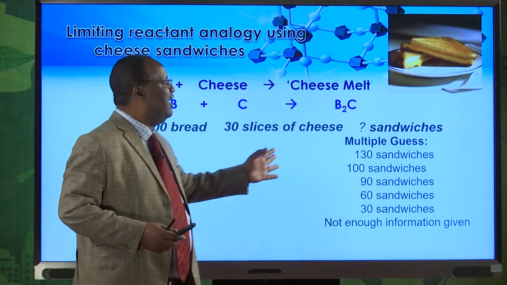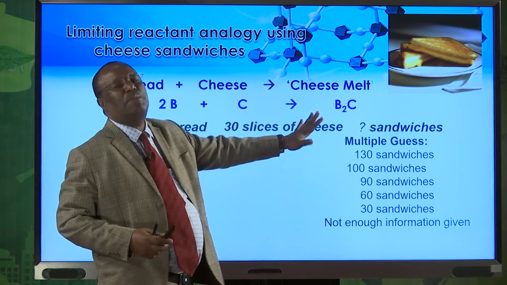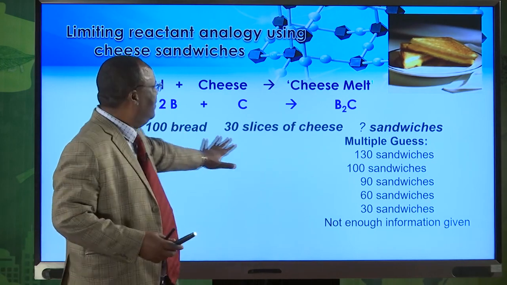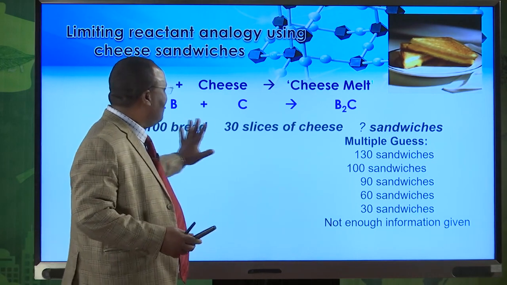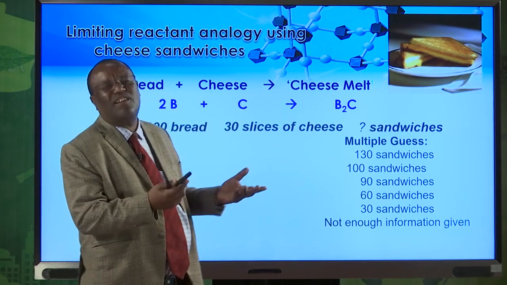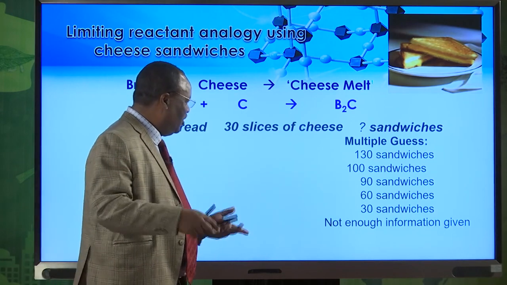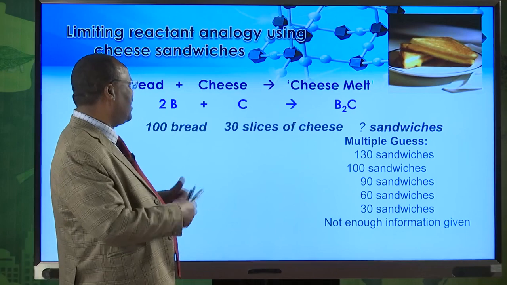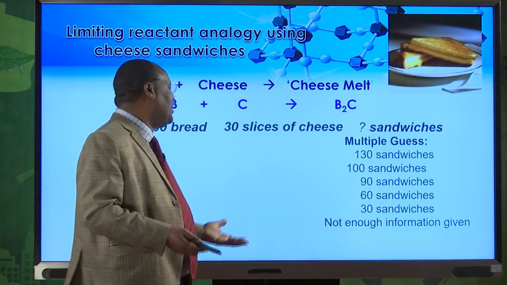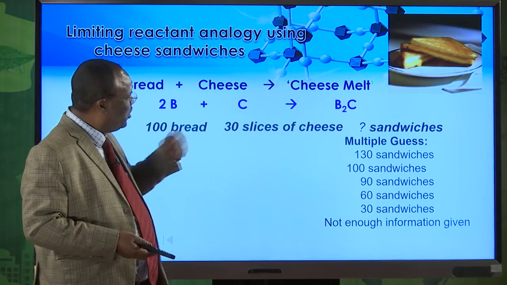You may guess the number of sandwiches: 130 sandwiches, 100 sandwiches, 90 sandwiches, 60 sandwiches, 30 sandwiches. You may say not enough information is given. What is your guess here?